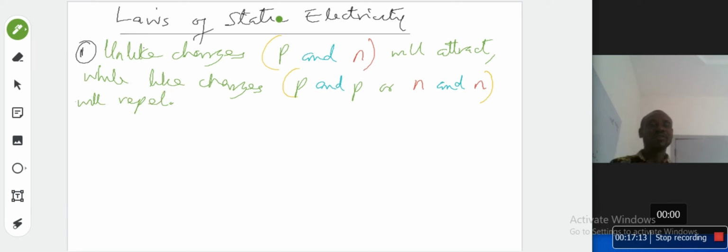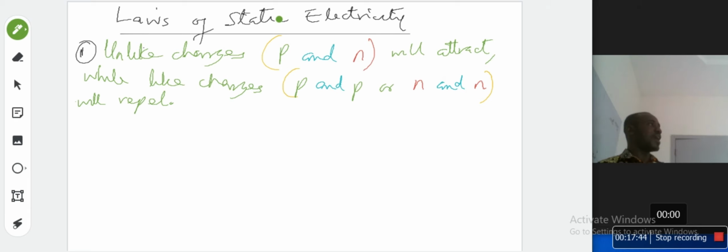In fact, when you get to higher classes in your study of sciences, you will notice that magnetic field, electric field are very related. As a matter of fact, in higher physics, we don't separate magnetic field from electric field. So we call the two electromagnetic field because they are basically together. One produces the other. A magnetic field has an electric field in it. An electric field has a magnetic field in it.